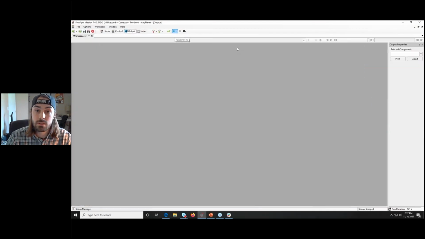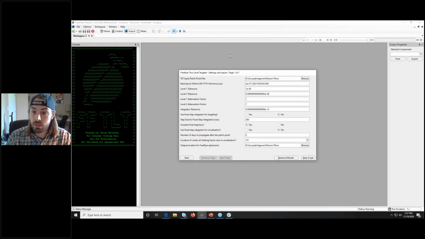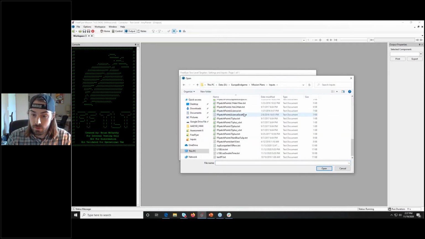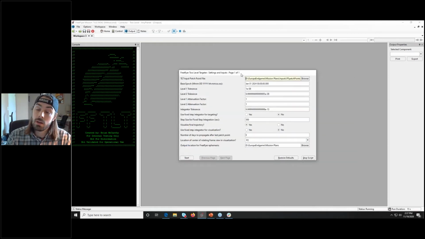If we run this, I have a GUI here that has a number of different things in it. One is this particular patch point file option. We take a file I've created for the L1 halo orbit that has all the nodes in it, and we can select our base epoch.